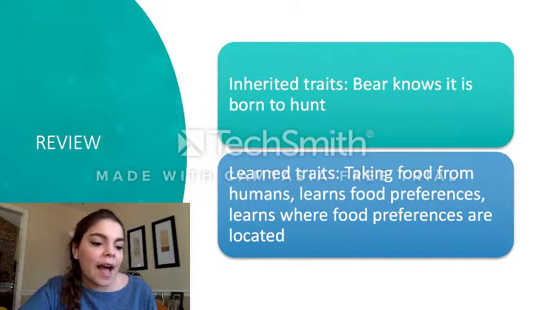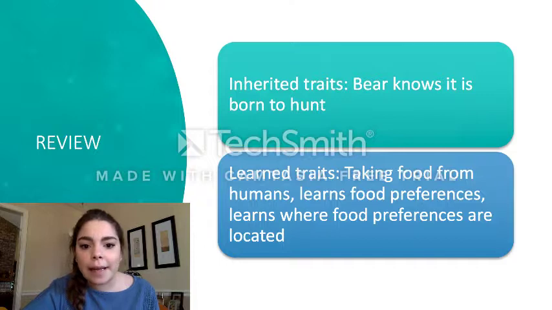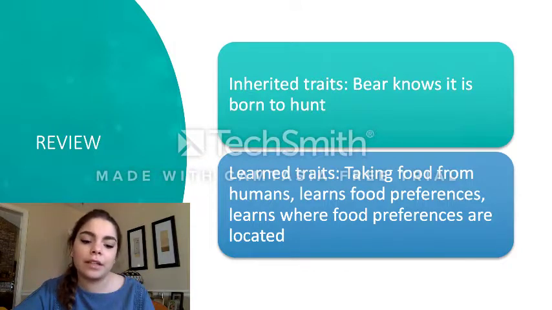Let's say there's a bag of oranges, trail mix, and chocolate, and they like the oranges out of everything and leave behind the trail mix and the chocolate. They learned that day that they liked oranges better than anything else. So what they're going to do next is come back to that location hoping there are some oranges left, because they've tracked down where their food preferences are located. Those are all learned traits that the bears learned after their inherited trait, which was hunting.